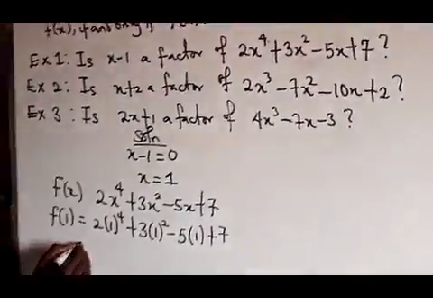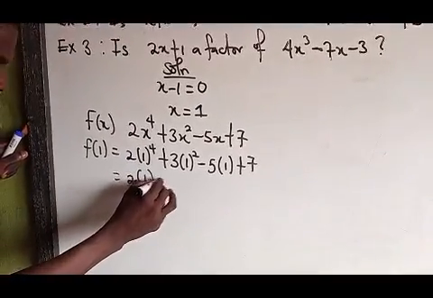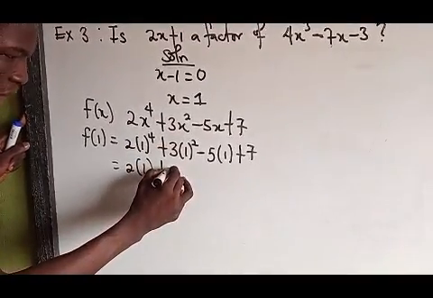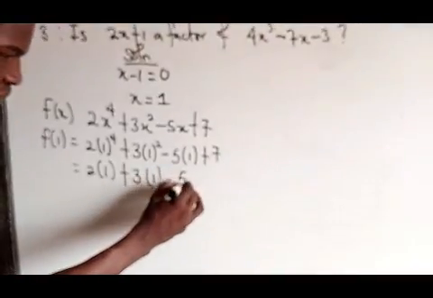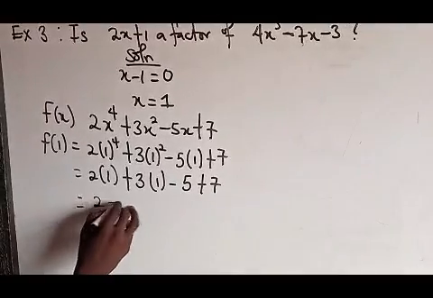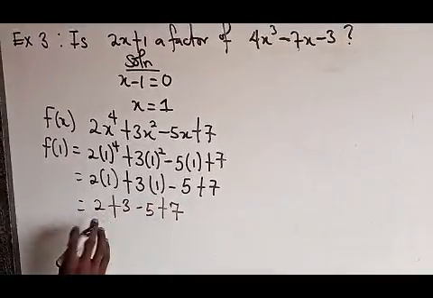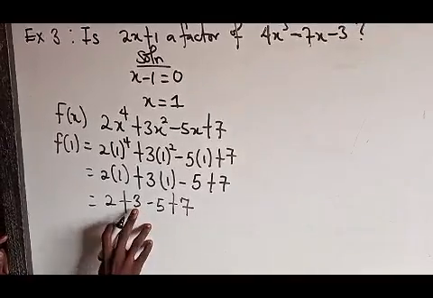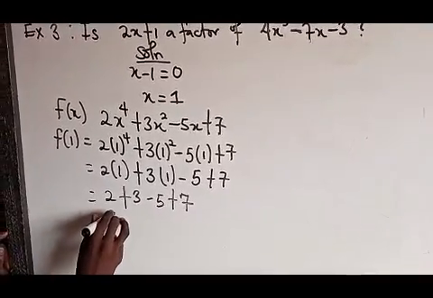So let's check. 1 raised to the power 4 is 1, so that's still 2 times 1, plus 1 raised to the power 2 is still 1, so that's 3. 5 times 1 is 5, plus 7. So this will give me 2 plus 3 minus 5 plus 7. 2 plus 3 is 5, 5 minus 5 is 0, 0 plus 7 is 7.